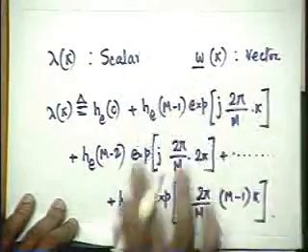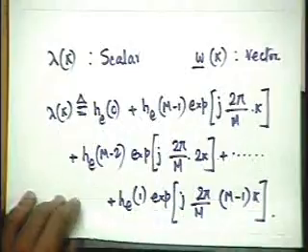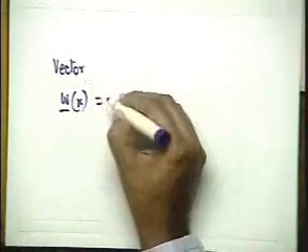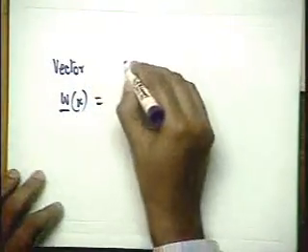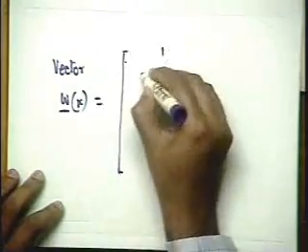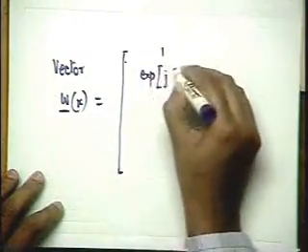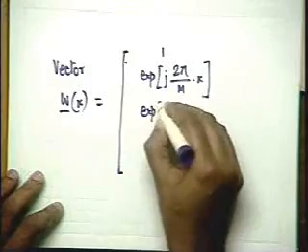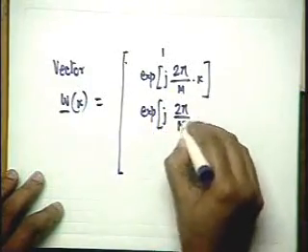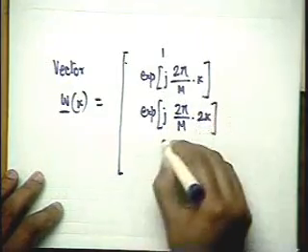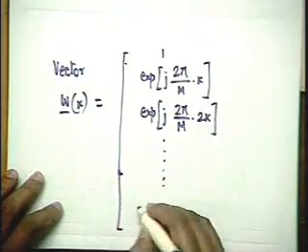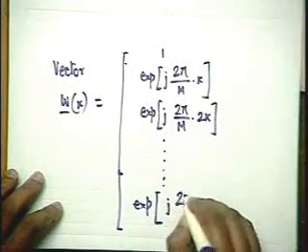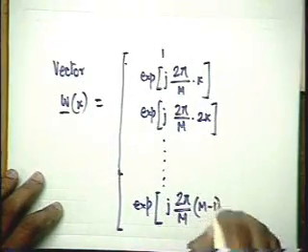I have just formed a series, and by definition I am putting that as lambda k, and the wk vector is being written as: its elements are 1, exponential to the power j 2 pi by capital M into k, exponential to the power j 2 pi by capital M into 2k, and so on, and the last element I am considering as exponential to the power j 2 pi by m into m-1 into k.